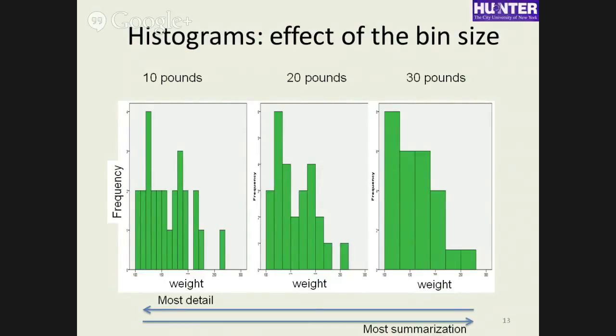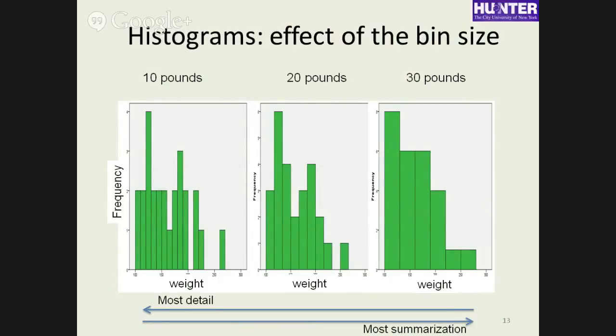How you do that depends on how much detail you want to show. Your software, your SPSS or whatever, will have some kind of algorithm that it uses to make an automatic decision, but you can change it if you don't like the decision it made. If you see there are only 3 bars and you have 100 data points, you might want to separate them more.